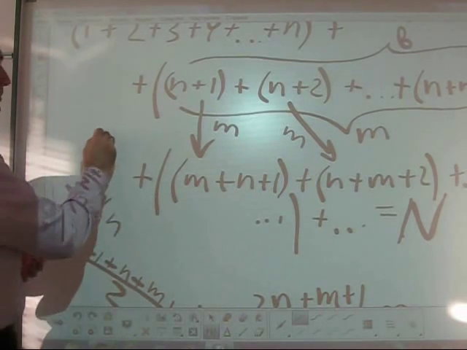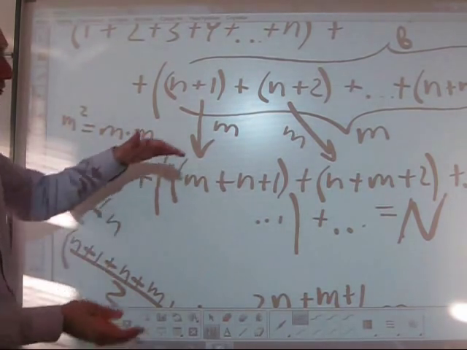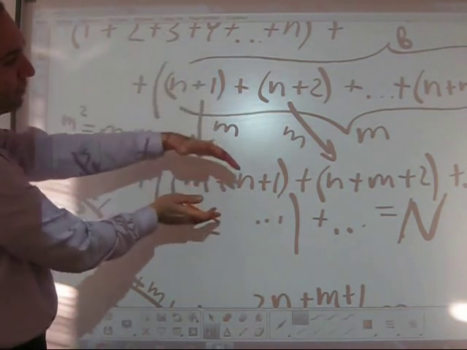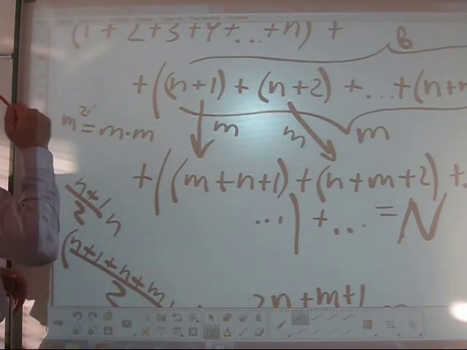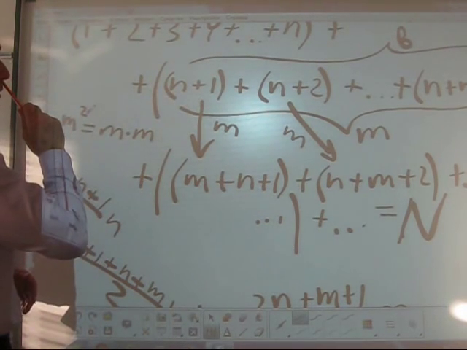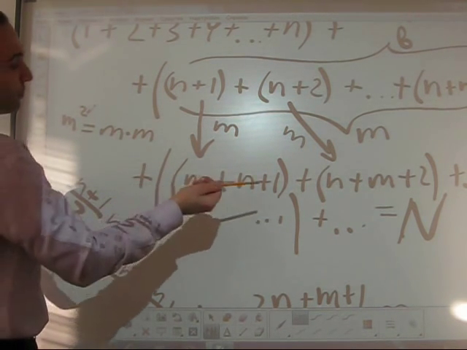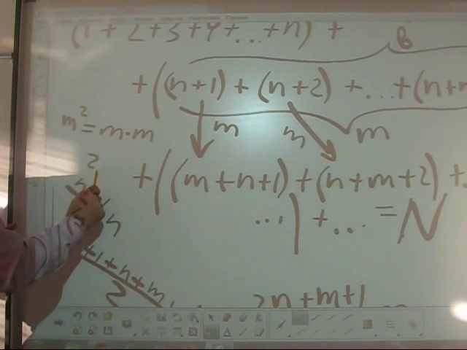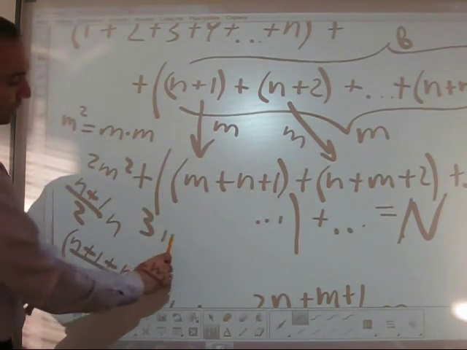So m times m is the difference between the previous group and the next group. So if this group is equal to m squared, then this group is 2 times m squared. And the next group is 3m squared.